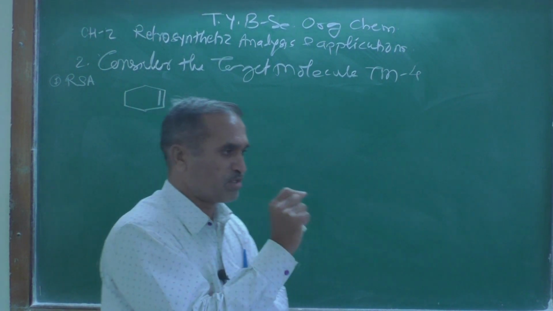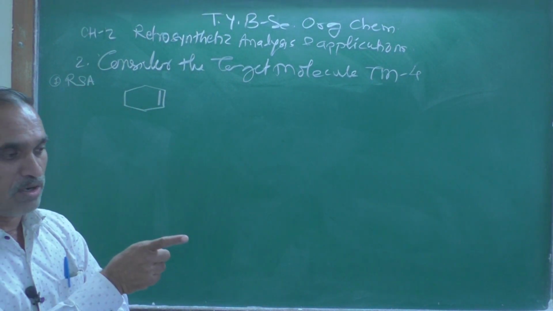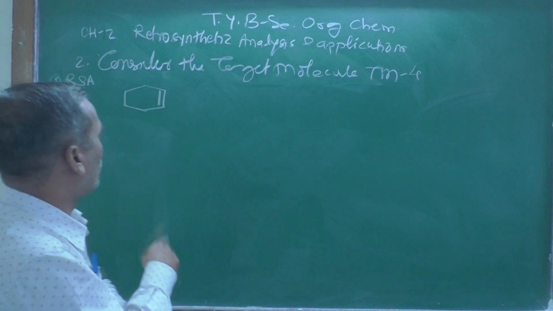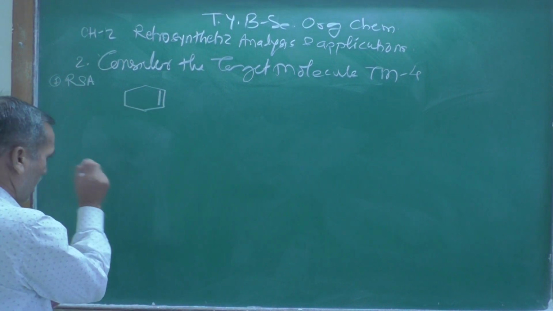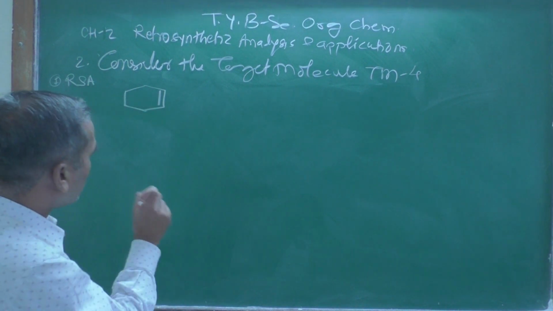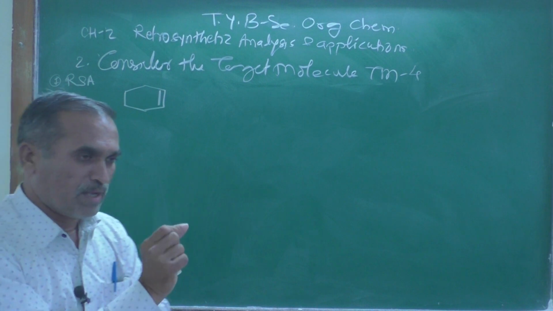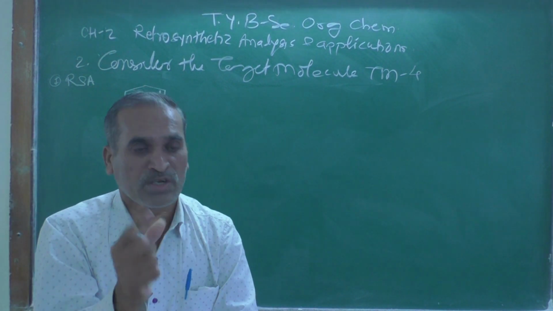Which functional group is present here? There is a carbon-carbon double bond. It is the functional group present in that target molecule, the final product. This final product has one carbon-carbon double bond, which is the functional group.